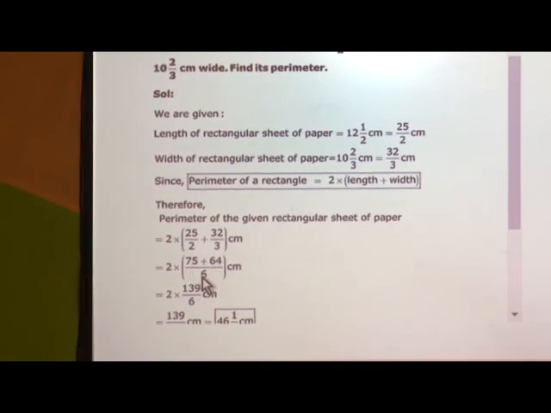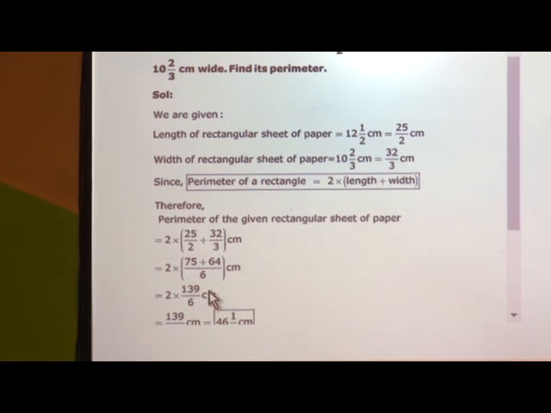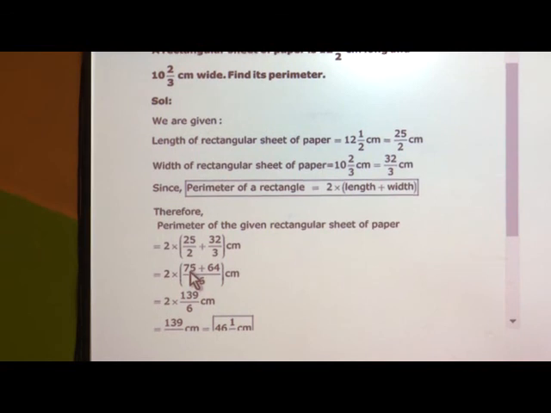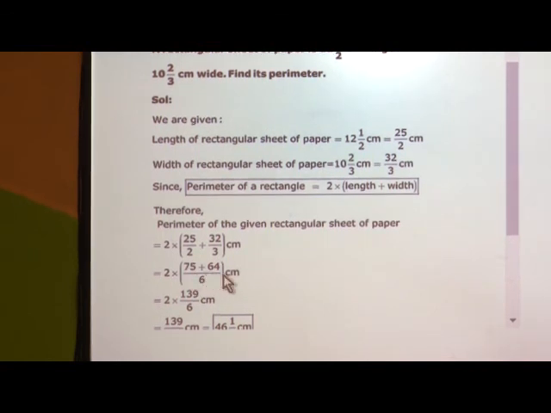When the denominators are the same, we can directly add. Remember, both units are centimeters. So, we do the addition of 75 plus 64. When it is in a bracket, first we have to solve the bracket; do not go for the multiplication. Yes, we can do the addition here. The addition of 75 plus 64 is 139 upon 6.